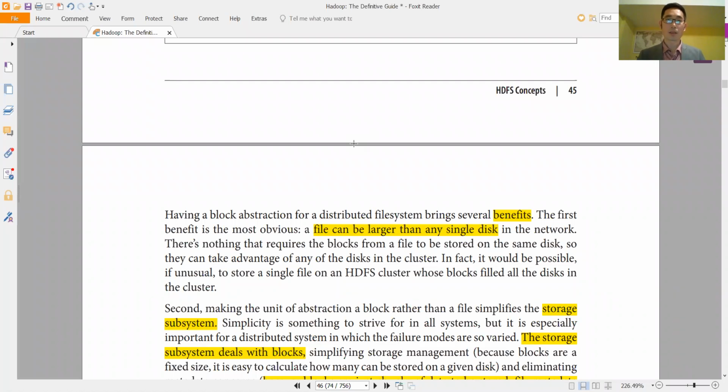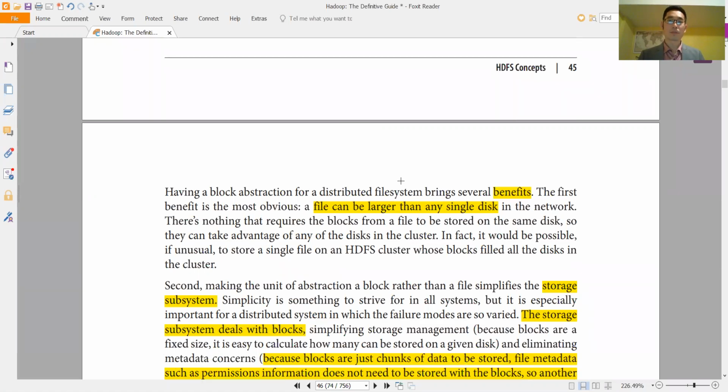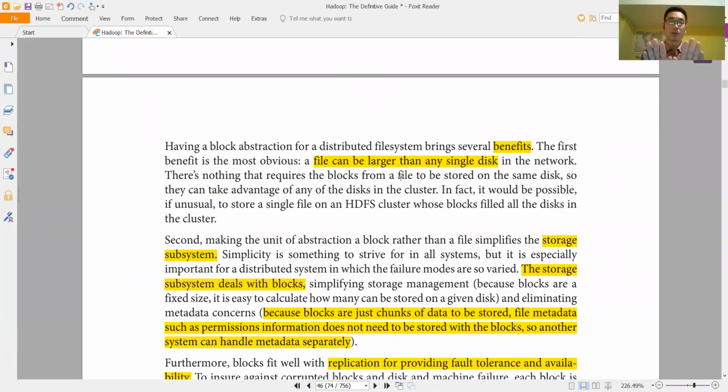The question is, instead of managing only one disk and dividing it into blocks, how do we manage the whole space when we manage 100 disks? We use a similar idea.